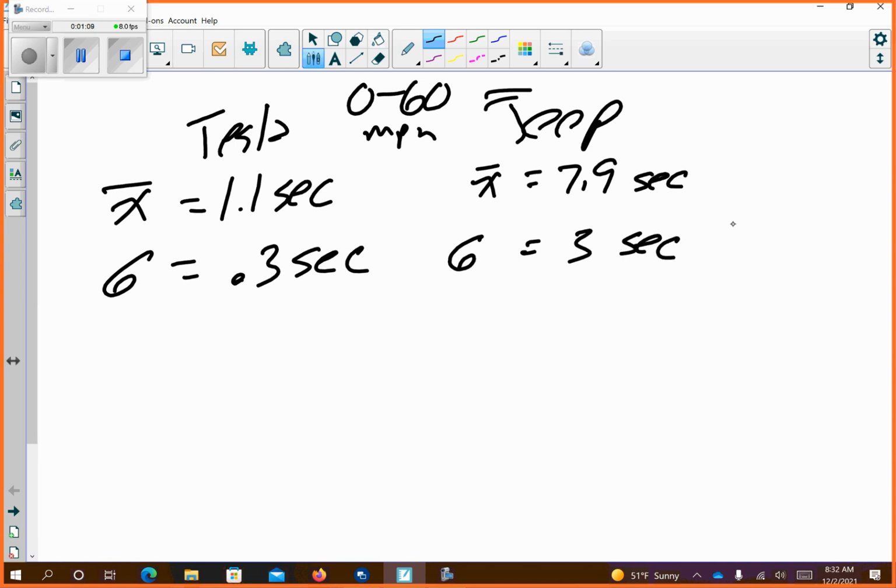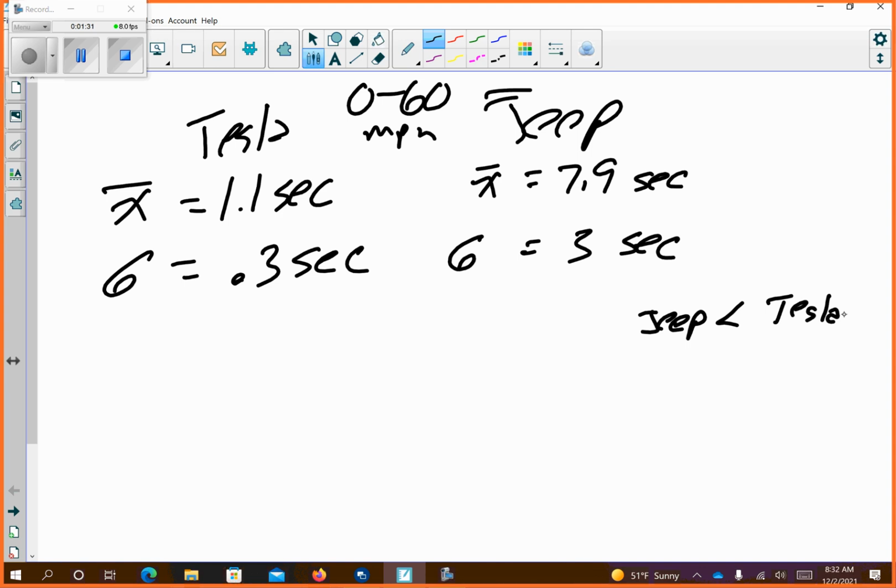All right. So we want to try and figure out, can the Jeep have a less time than the Tesla? And we kind of joked around saying you have a better chance of getting struck by lightning 15 times.